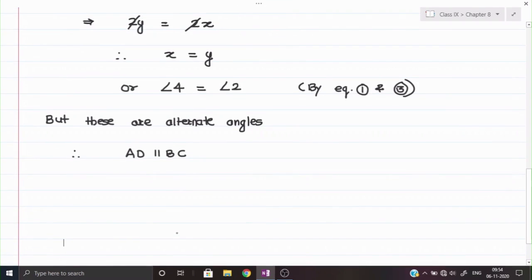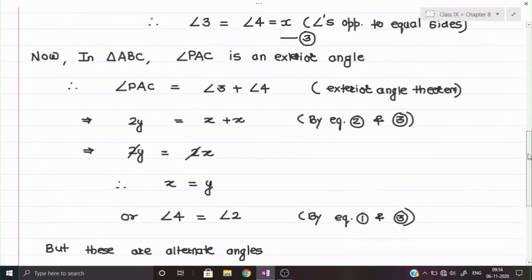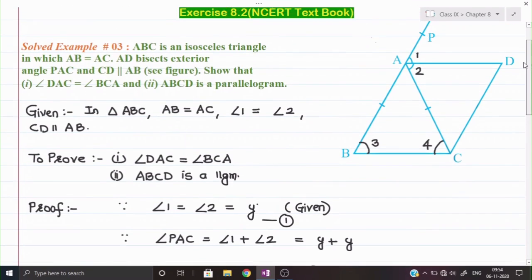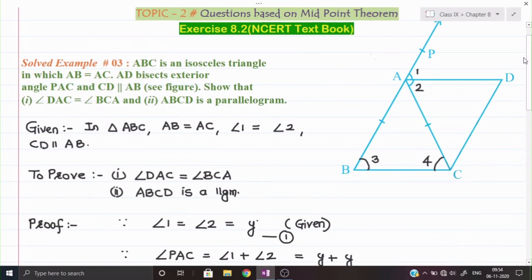One thing we forgot over here, that first part, what we need to prove? Observe, in the first part, they said to us, prove angle DAC. So observe, angle DAC is our angle number 2 only.